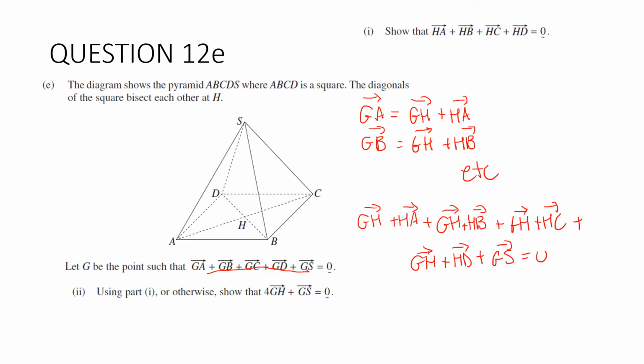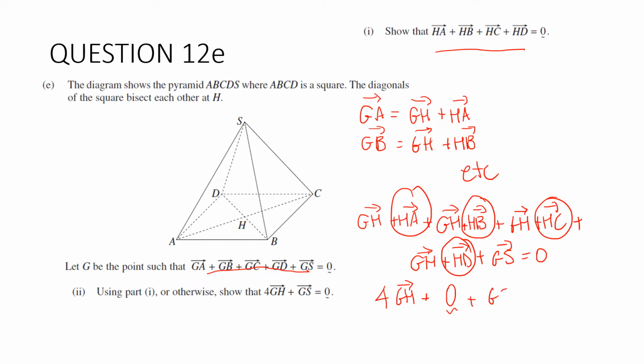Well, we know that that's equal to 0. And that's going to give us 4 lots of GH plus HA plus HB plus HC plus HD, which we were told here is equal to 0. So we've pretty much done it.